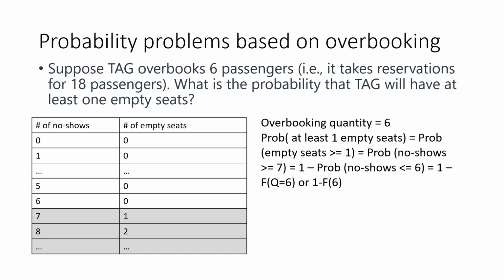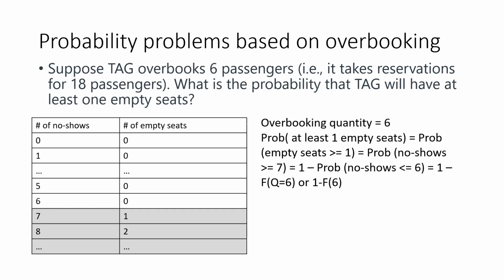The probability of having at least 1 empty seat is equal to the probability that empty seats is greater than or equal to 1, which, going to the first column, is the same as the probability that no-shows is greater than or equal to 7. You don't know that probability; you only know the demand model, no-shows less than or equal to something.